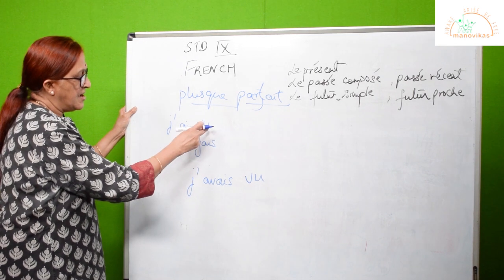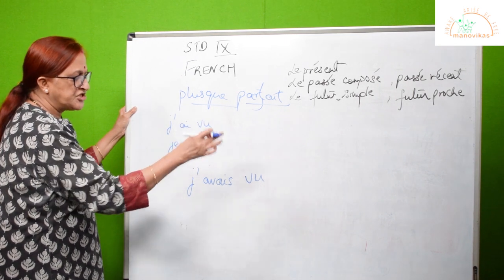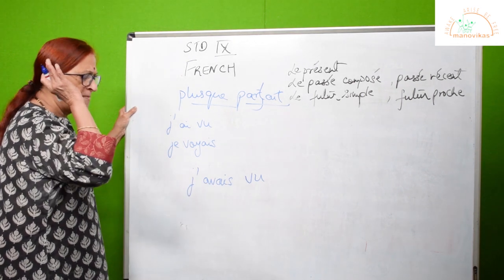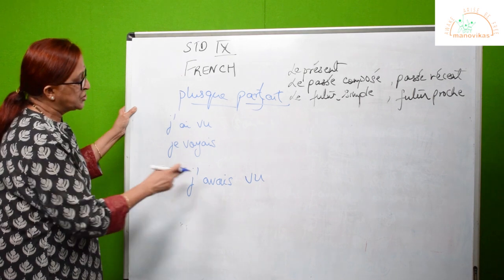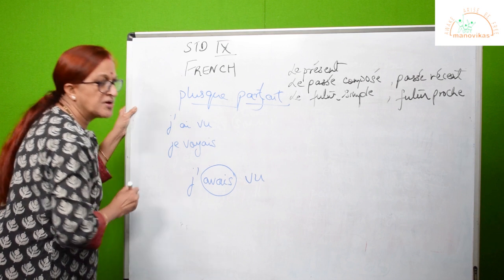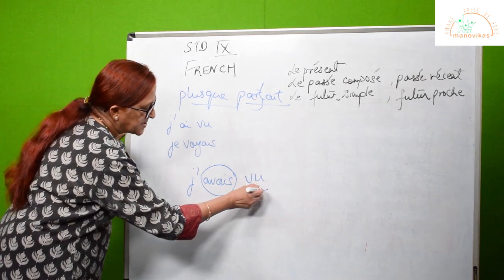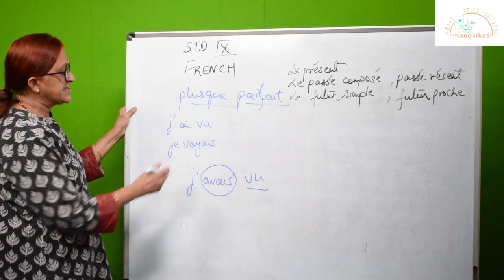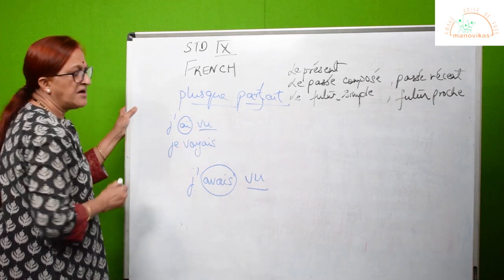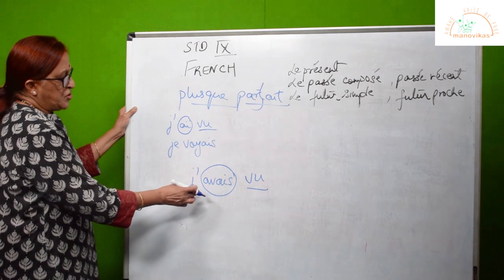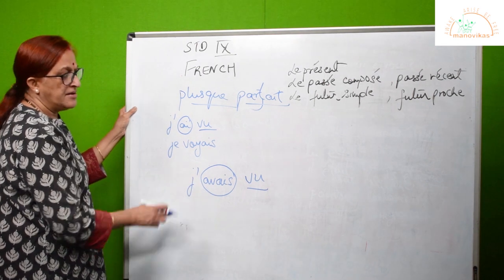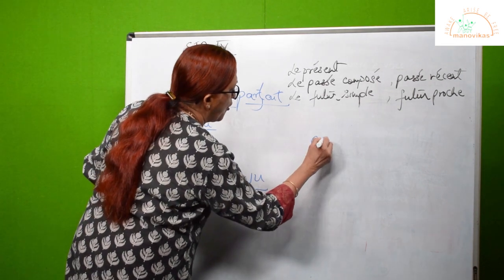This is your action in the past which is over recently. This is your action in the past which is over but long back I had seen. So what am I doing here? I am using the imperfect of the auxiliary and the past participle of the given verb. Just like here I am using the present tense of the auxiliary and the past participle of the given verb. Your avais is the imperfect form of avoir. We have taken it from avant.